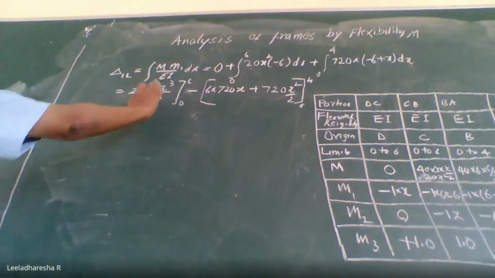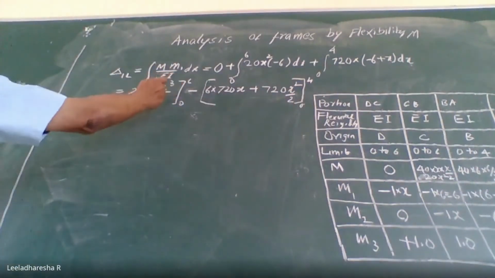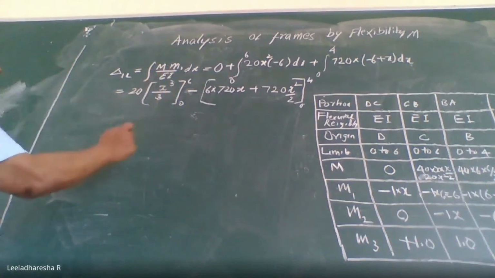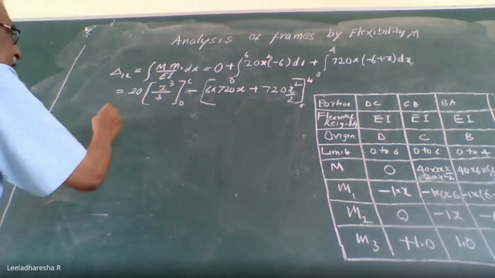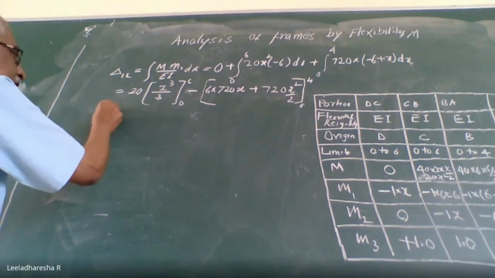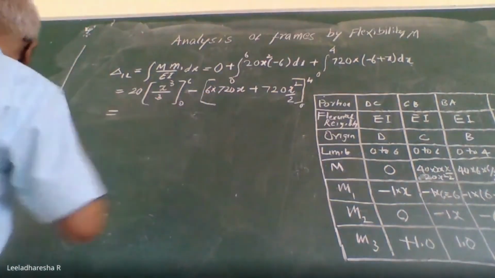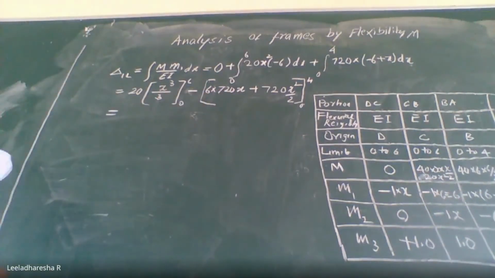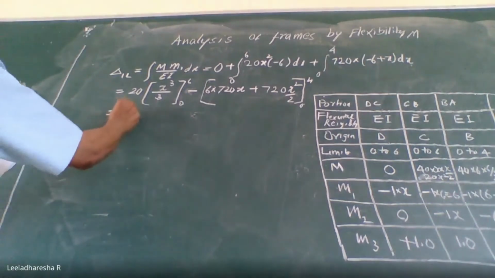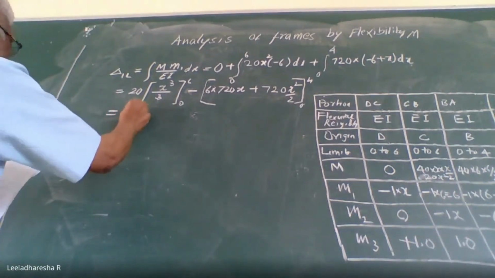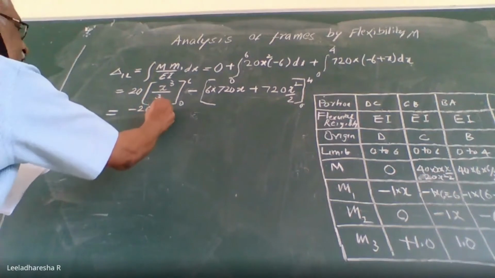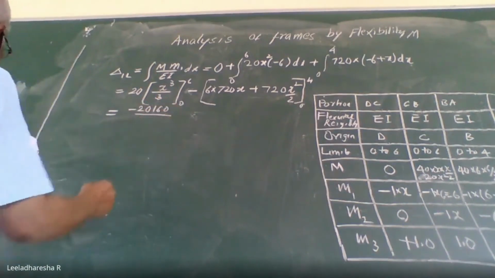See, now substitute the limits. x is equal to 6, 6 cube divided by 3 into 20. So ultimately, on simplification of these two terms, you are going to get delta 1L as minus 20160 divided by EI.